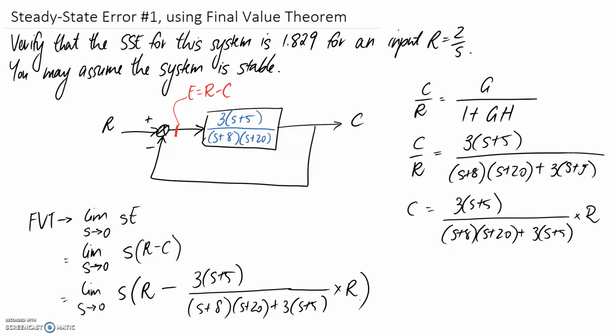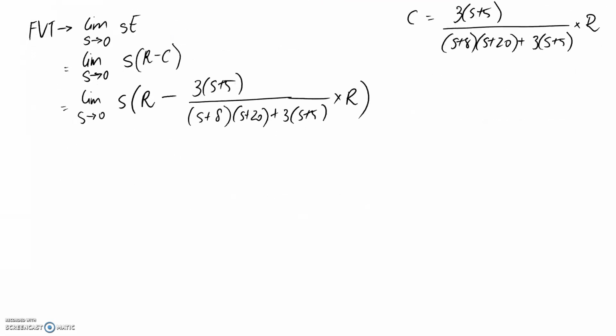I actually know what r is, but I'm going to factorize it out of the equation first, because I'm going to end up with things cancelling. If I take r outside of this bracket, I'm left with a 1 for this part and this transfer function for the other part.